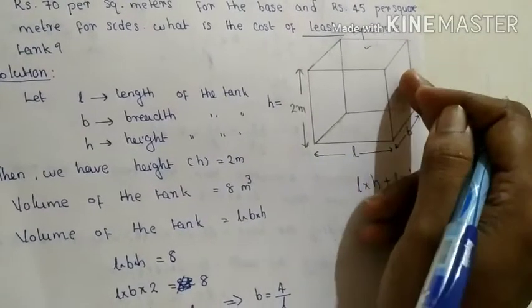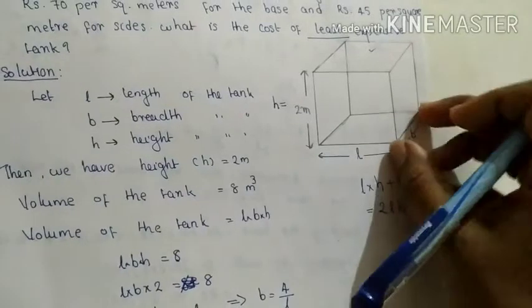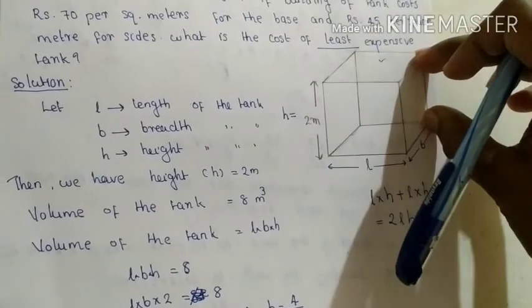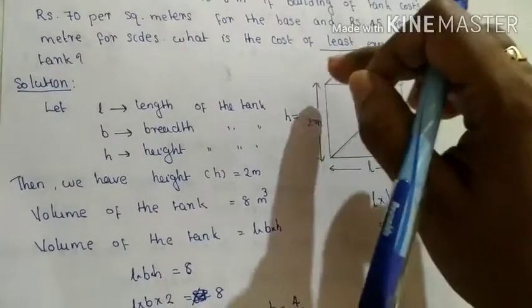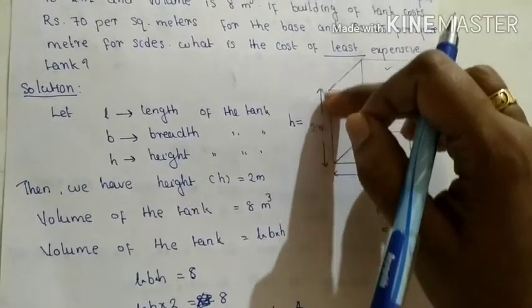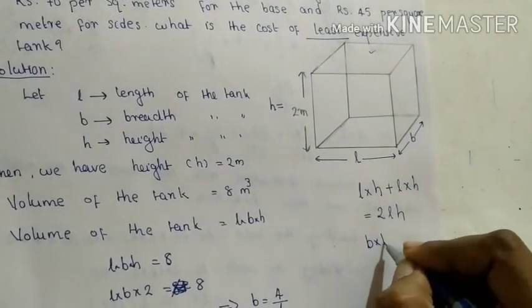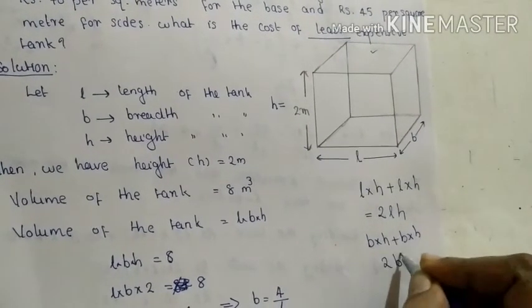And considering these two sides, here breadth B is given, height H is given. So area of this rectangle is B into H. Similarly, the area of this side, this rectangle, is B into H. So B into H plus B into H, we get 2BH.